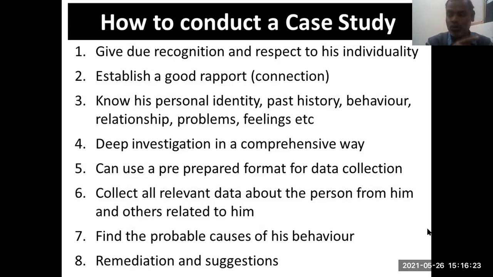Then you need to know his personal identity, past history, everything. Then you need to do deep investigation in a comprehensive manner, collect all relevant data about the particular individual, find out the probable causes of his behavior, and find out remedies and suggestions.